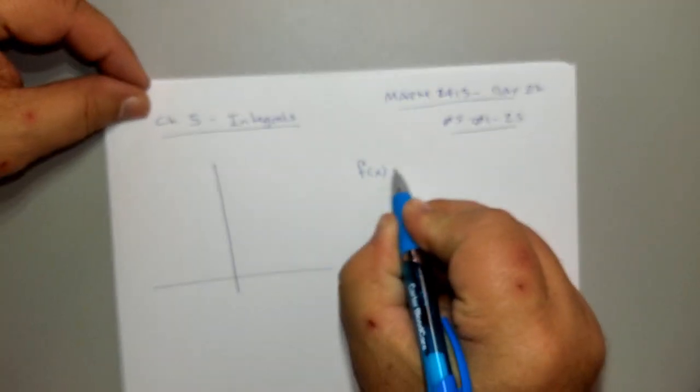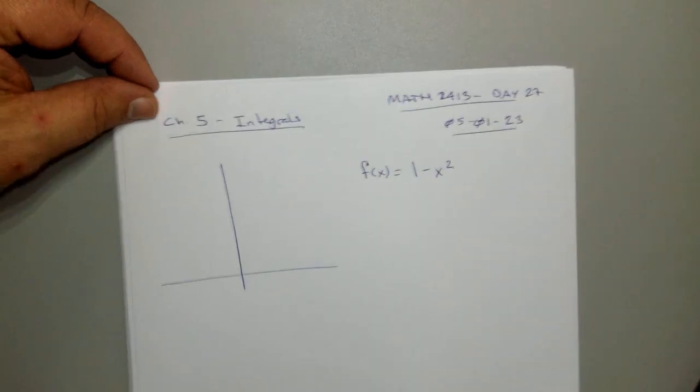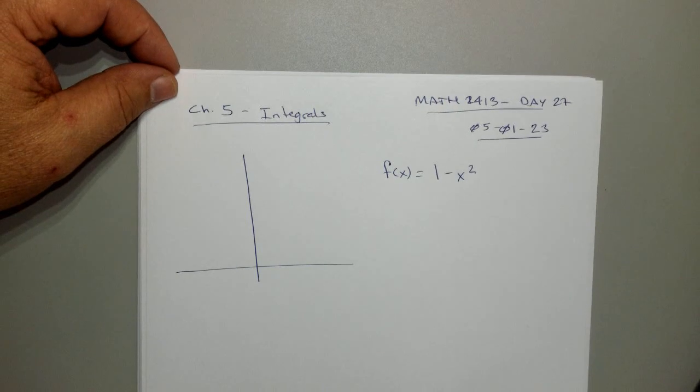Let's pretend we had a function: minus x squared, plus one. What would that look like?